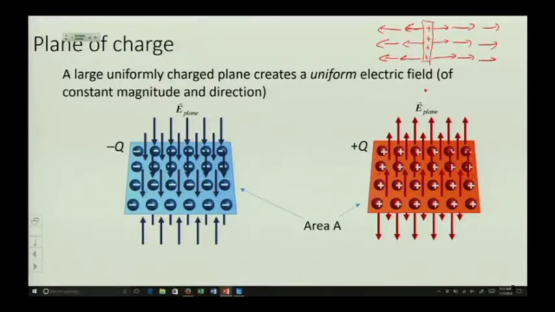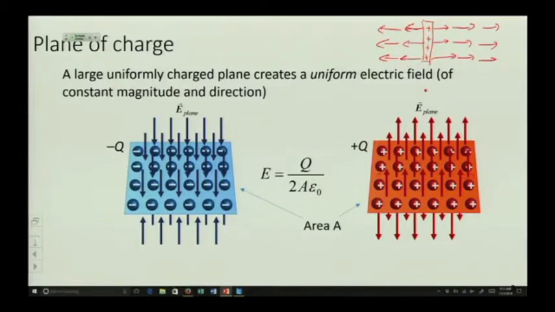Okay, so then I can express the field magnitude in terms of the charge distribution. So you notice the thing over here is charge per unit area. So really what matters is not the total charge and not the total area, but the fact that that charge is uniformly distributed everywhere. So you get two interesting results here. One is that the field depends on the charge per unit area.